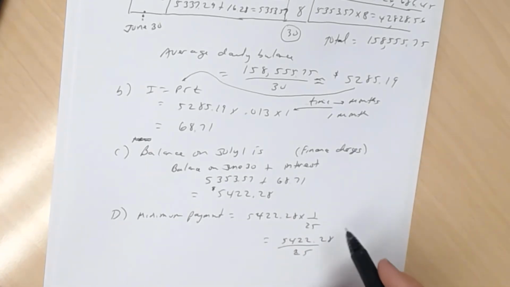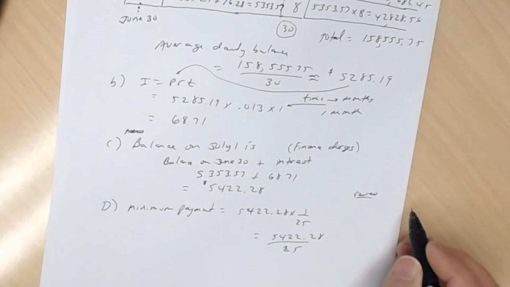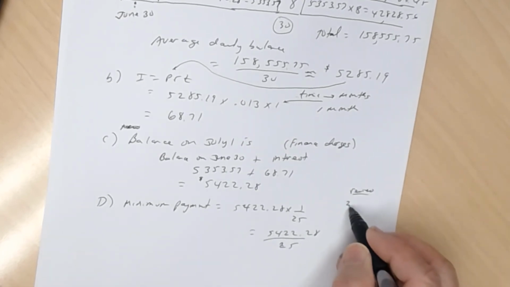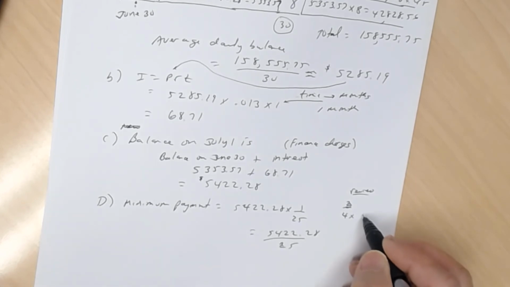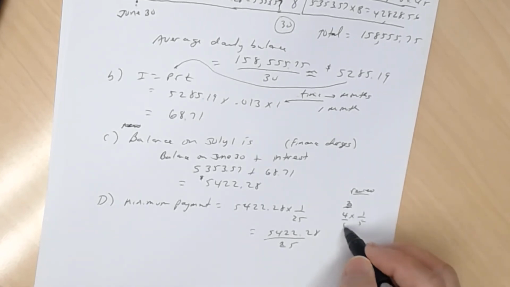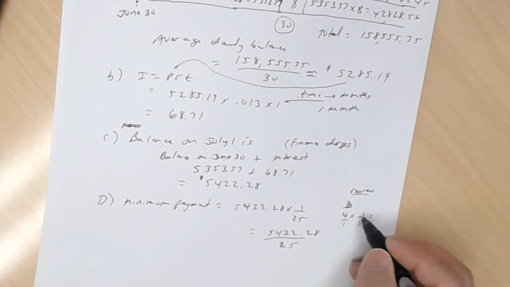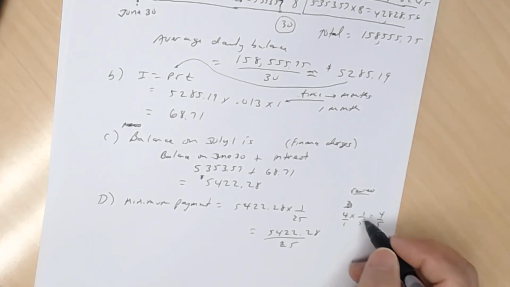Now, if you didn't know that, hopefully you did, because you remember from a previous course, what is, let's say, 4 times 1/5? Well, remember, 4 is 4 over 1, so you multiply the numerators, 4 times 1 is 4, then multiply the denominators, and you get 4/5, right?